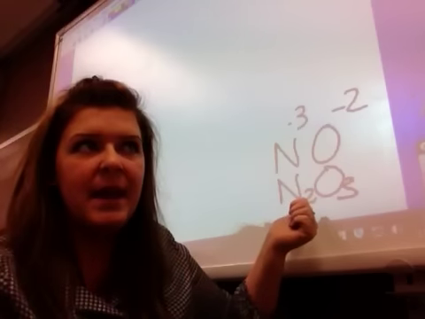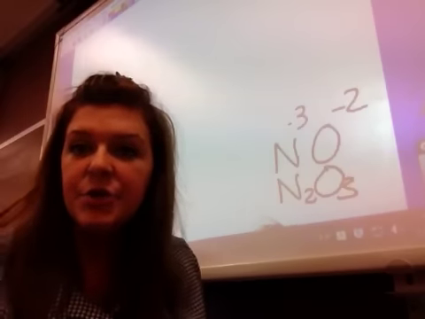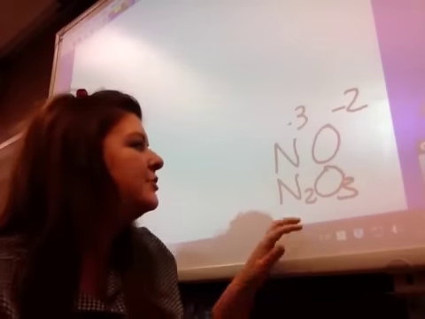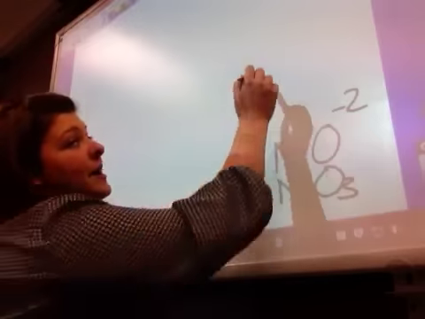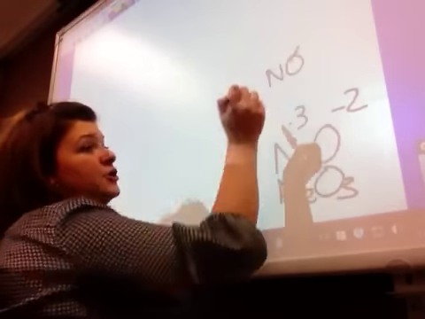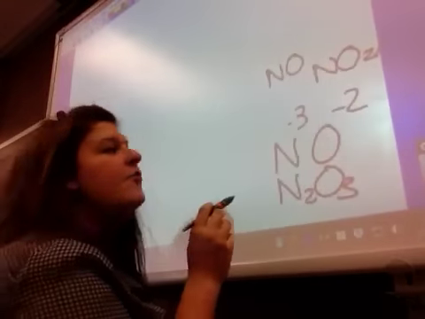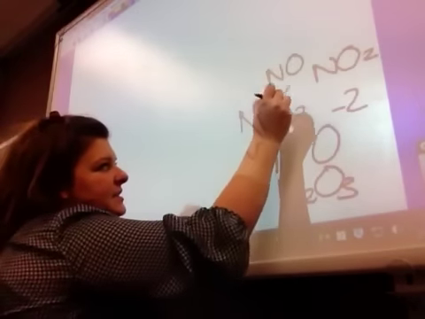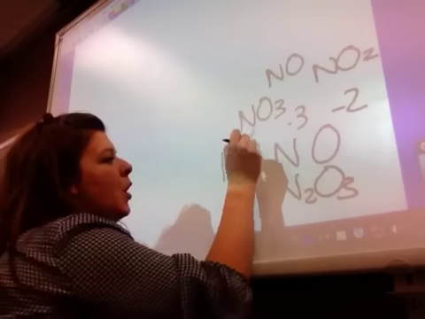This may not always make N2O3. Because it may not always make N2O3, I can't just use charges based on nitrogen and oxygen. Sometimes we have compounds with nitrogen and oxygen that are just NO. Sometimes we have one that's NO2. Sometimes we have one that's NO3. Sometimes we have N2O5.